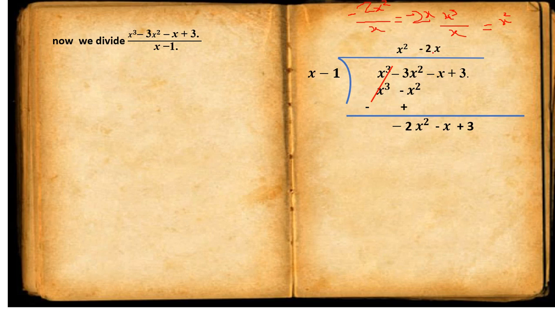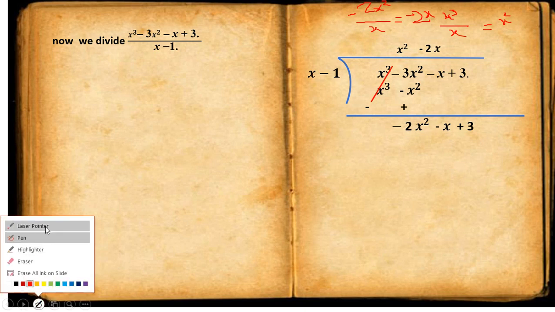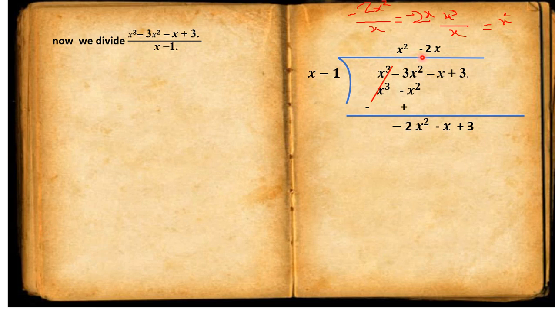Now this minus 2x multiplied with this x, so minus 2x multiplied by x is minus 2x square. Then again this minus 2x multiplied with minus 1, so we get plus 2x.